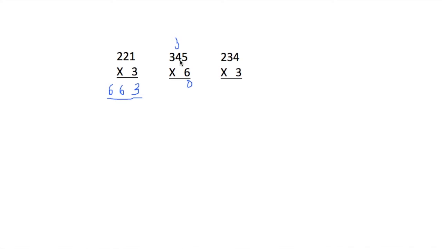Then 6 times 4, because we're going to multiply from ones to tens. 6 times 4 equals 24, plus 3 equals 27. Then we carry the 2.